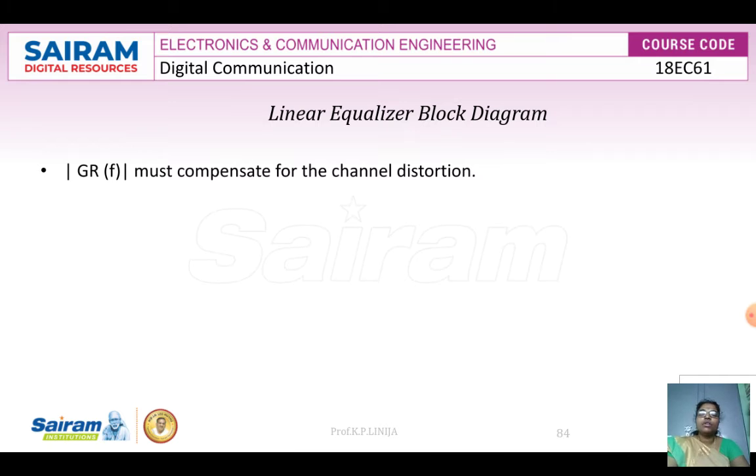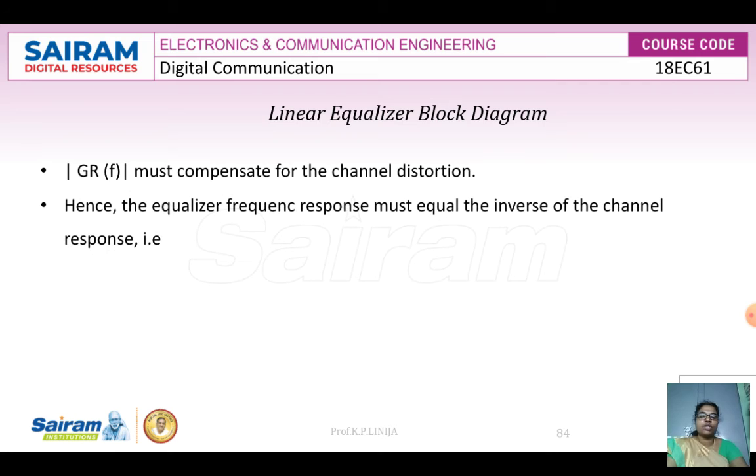So now this modulus of GR of f should compensate for the channel distortion. We have seen three different frequency responses: one in the transmitting filter, one in the channel, and another in the receiving filter. The equalizer frequency response must be equal to the inverse of the channel response.